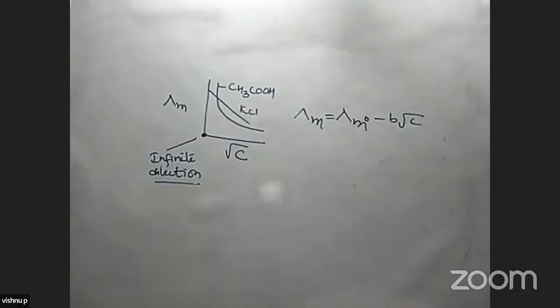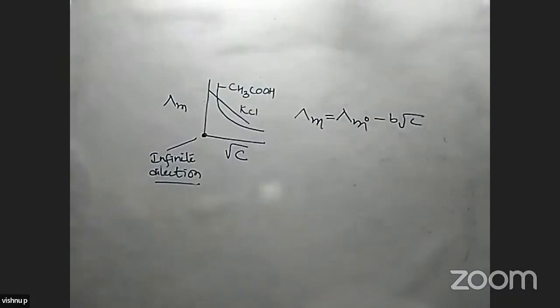B is a constant. It depends on the electrolyte.